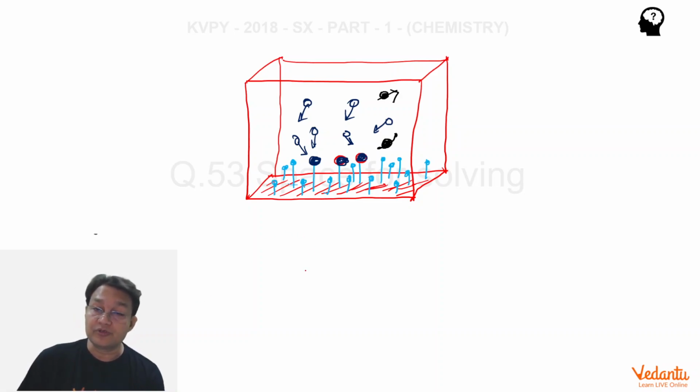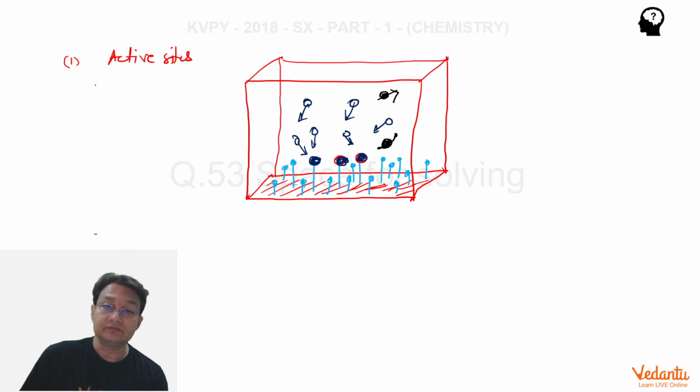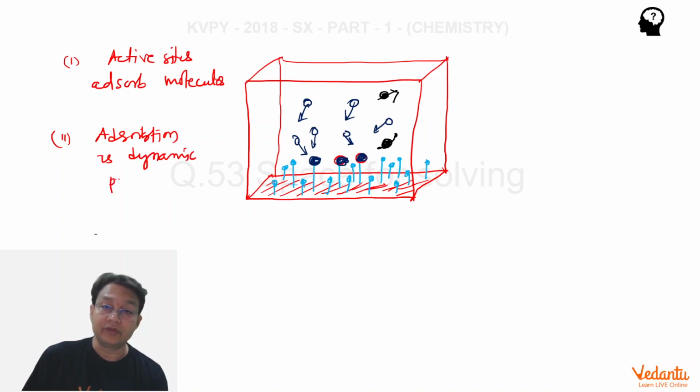According to Langmuir adsorption isotherm, first of all, the first assumption is that active sites adsorb molecules. As we can see, a lot of molecules are getting adsorbed here. Second point, adsorption is a dynamic process, which means that two processes are taking place.